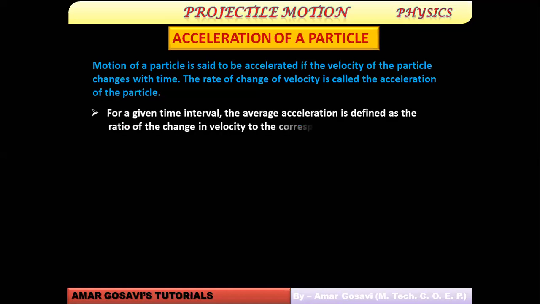Simple enough. For a given time interval we talk about average acceleration, which is defined as the change in velocity divided by the corresponding time interval in which the change has occurred.